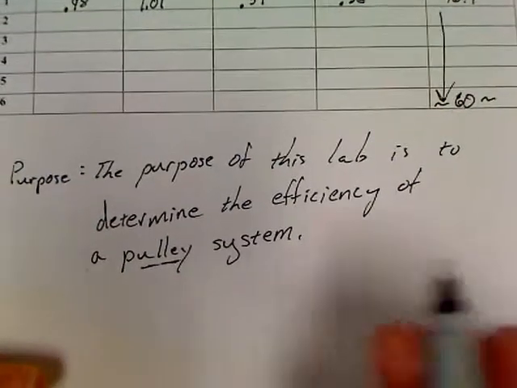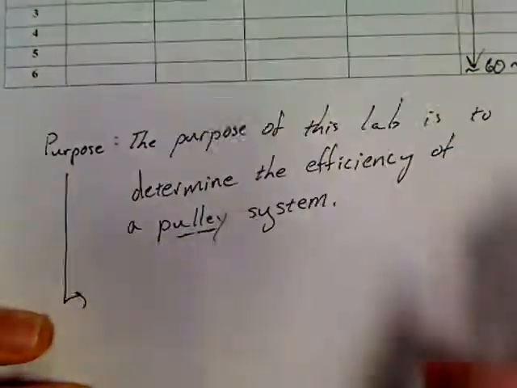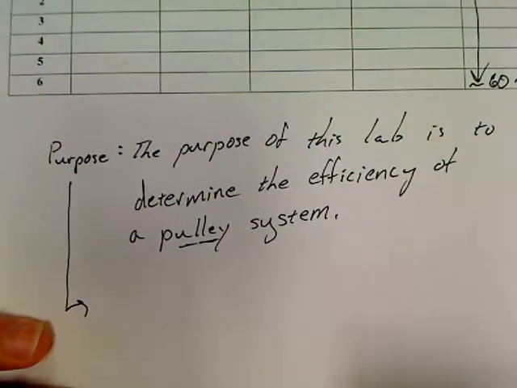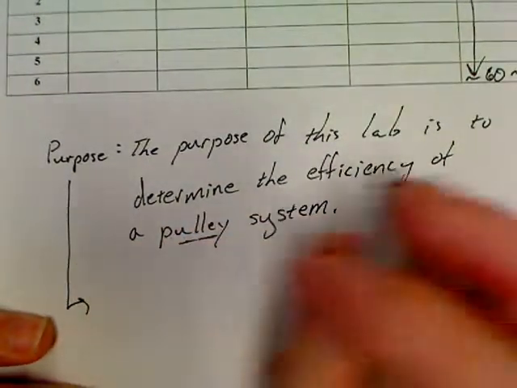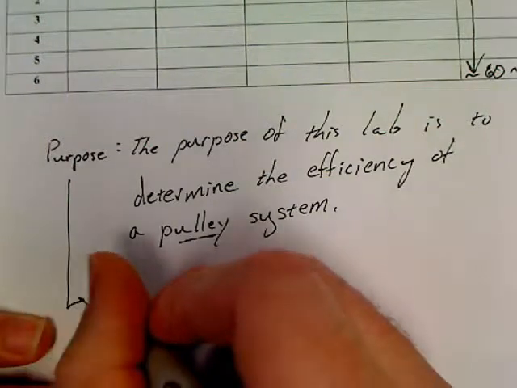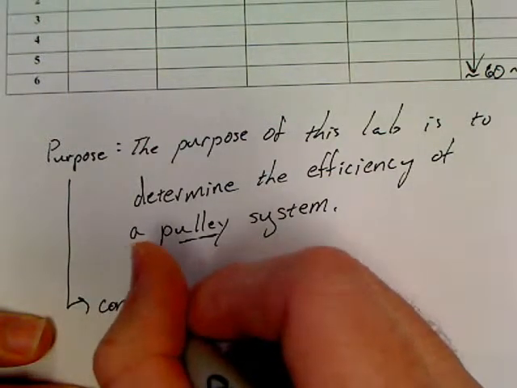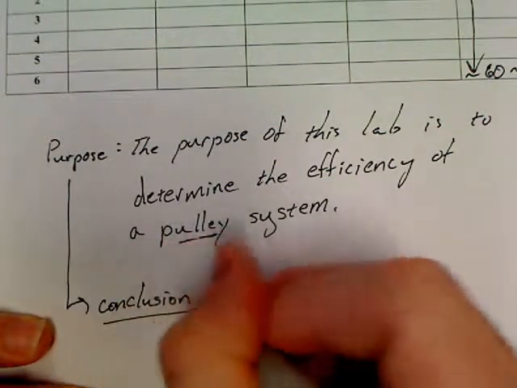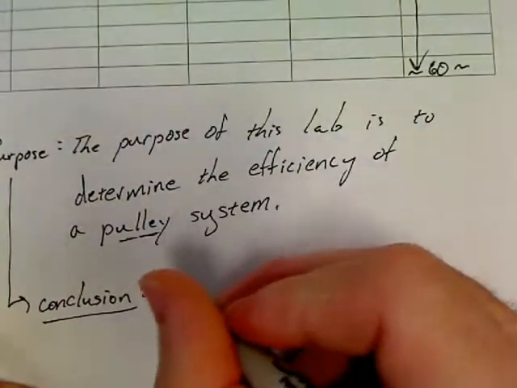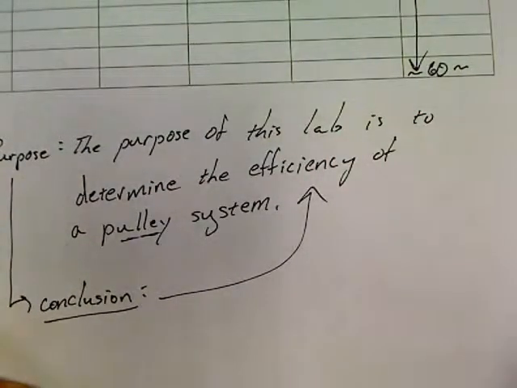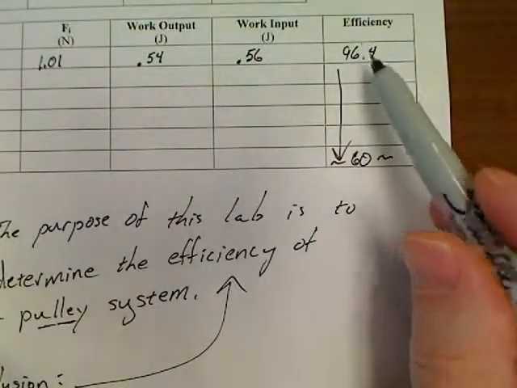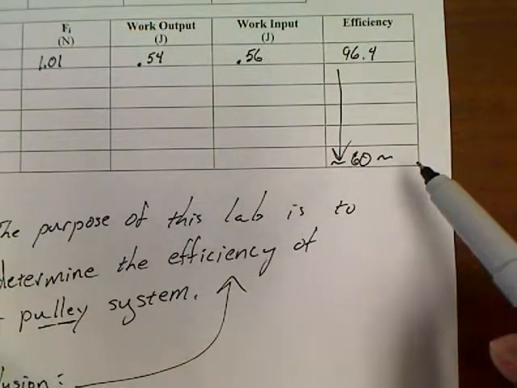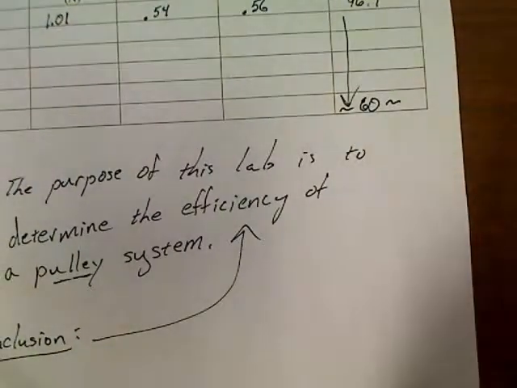But anyway, for your conclusion for this lab, now your materials, you should know what you use for materials. In your conclusion, tell me the efficiency. You might list the 6 efficiencies. You might give an average of the efficiencies.